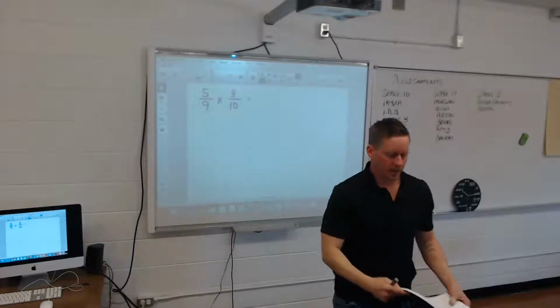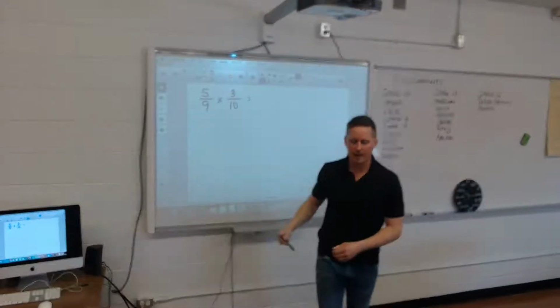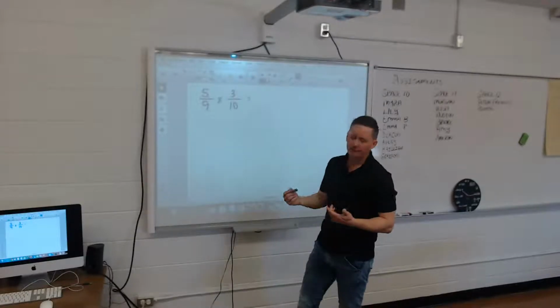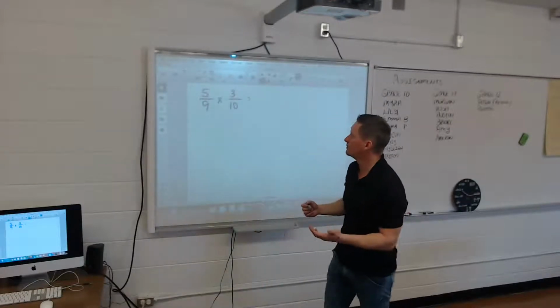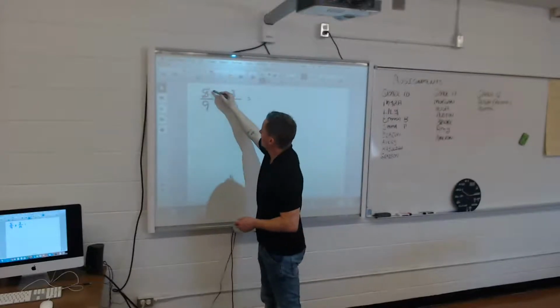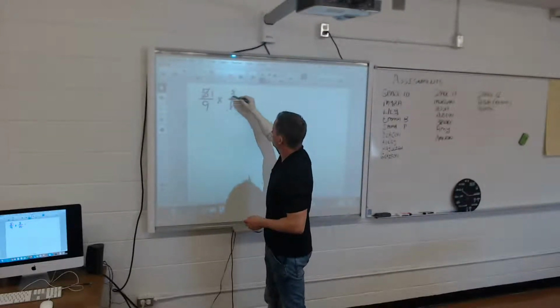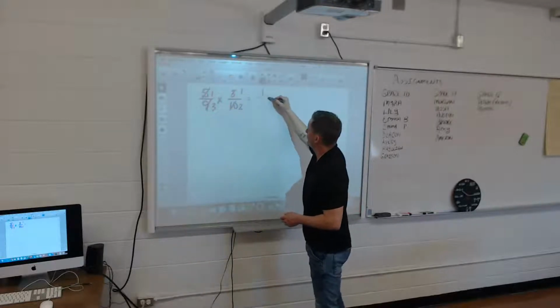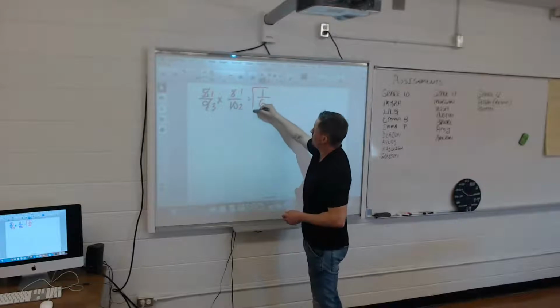You can multiply across the top and then across the bottom, but then you're going to have to reduce the fraction anyway. So I choose to reduce it even earlier. That's 1 over 2, that's 1 over 3. Now I multiply, and I end up with 1/6.